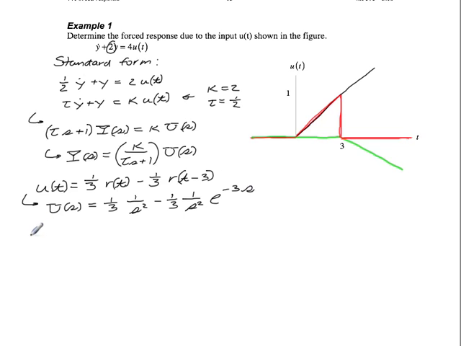So therefore, our transformed response y of s looks like k/3 times 1 over s squared times tau s plus 1, times the quantity 1 minus e to the minus 3s.